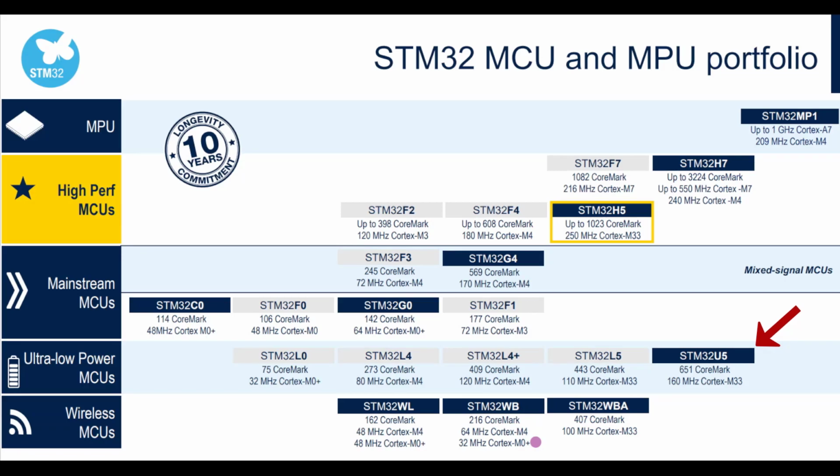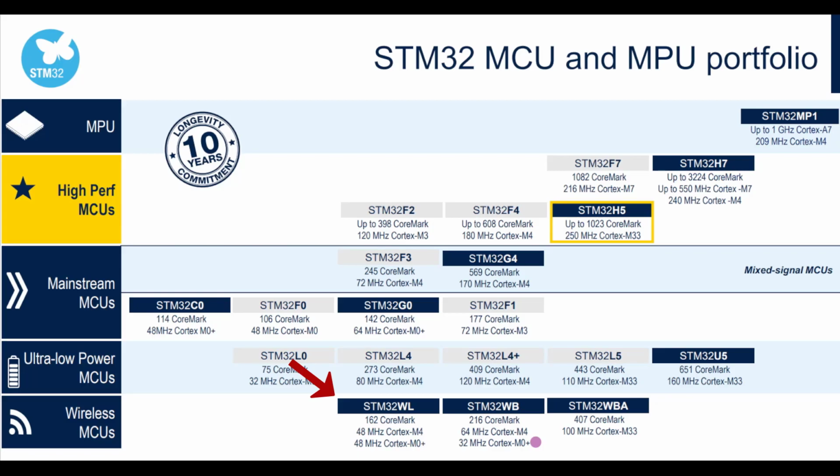At the very bottom you have the wireless microcontrollers, so that is new for ST, that they are now focusing more and more on wireless too. So here you have STM32WL, which is a sub-gigahertz wireless microcontroller, so it's an STM32 M4 with the Cortex-M0 for the wireless part.